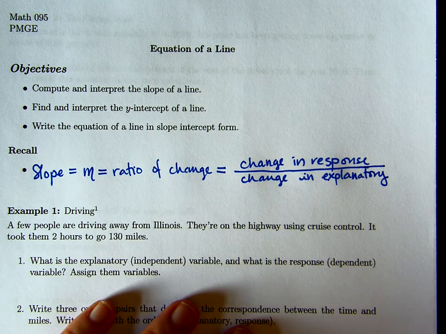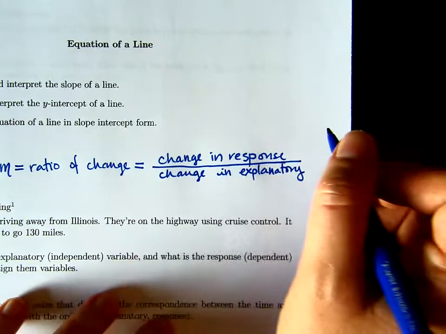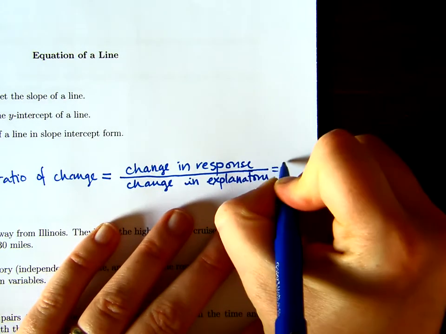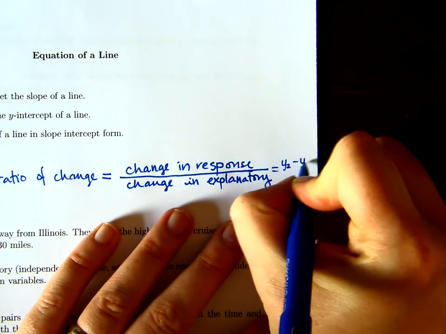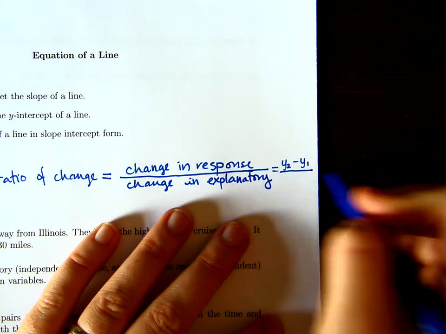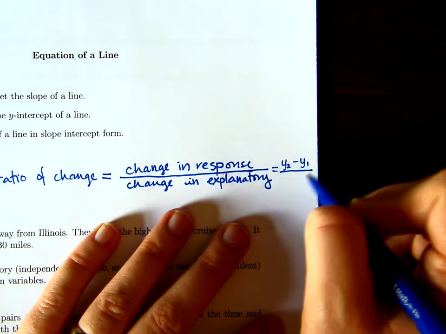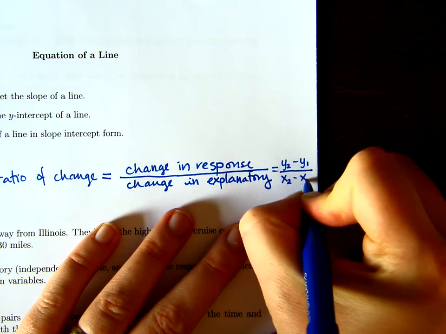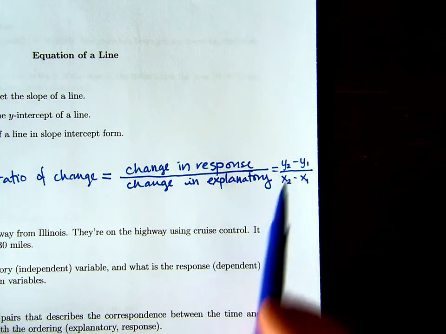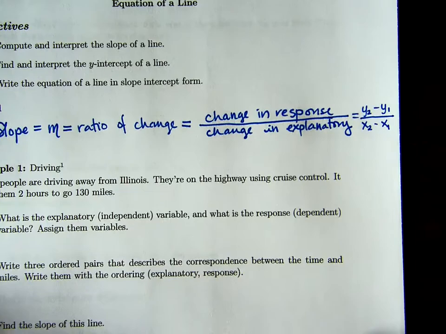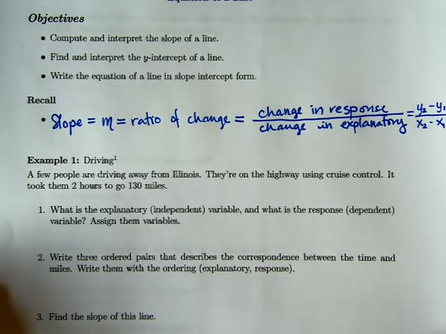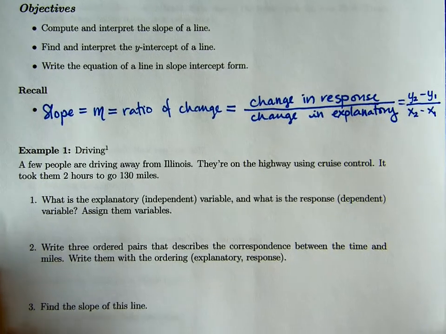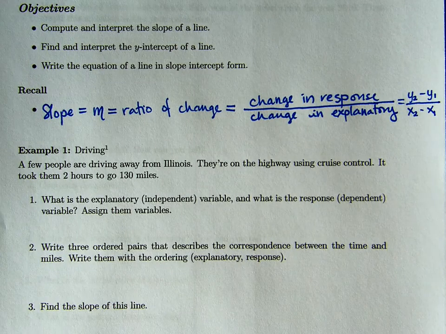And in terms of an equation, so if you're a formula person, the change is the difference in the two values, and similarly, it's the difference in the x values. Okay, not so heavy on the formulas here.